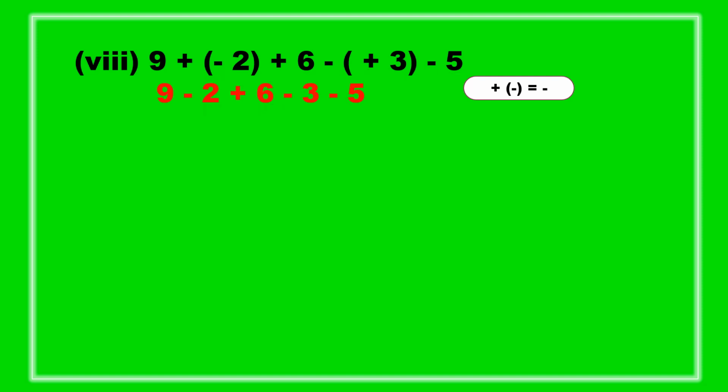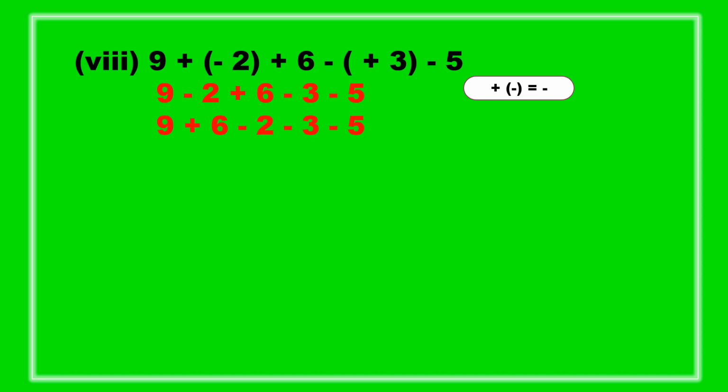Now in the next step, we should write same symbol terms together, right? So here 9 and 6 have plus symbols. So let me write these two together and these three together. Okay. You can write minus terms at the first or plus terms at the first. It is your wish. Here I am writing plus terms together. You can write these three at the first and these two at the last also.